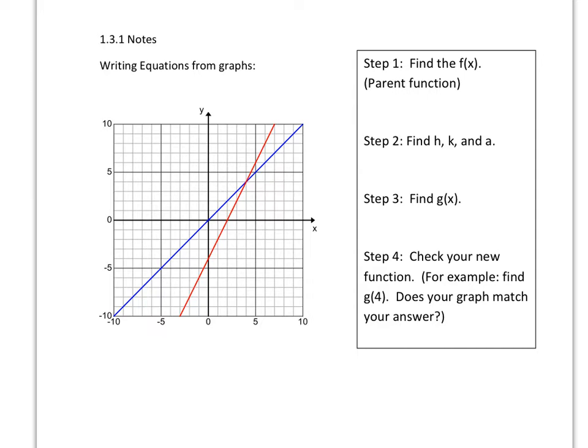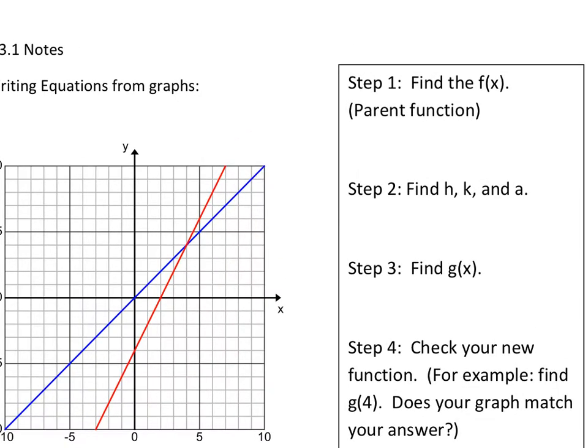If we look, we see lines, and lines mean the parent function would be linear, or f of x equals x. Okay? Either one.